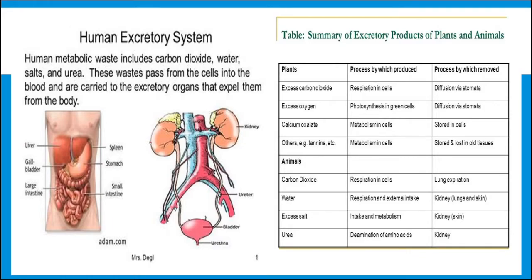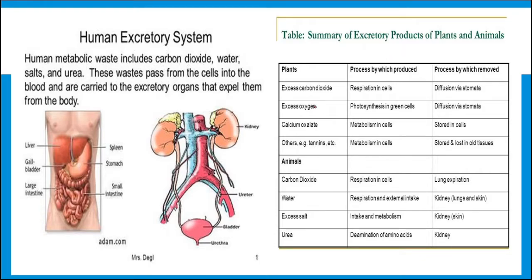Besides this excretory organ, that is the kidney, the liver is also involved in the process of excretion. At the same time, the skin is also involved, and the lungs also help in the process of excretion. In this table we can see the summary of excretory products of plants and animals.